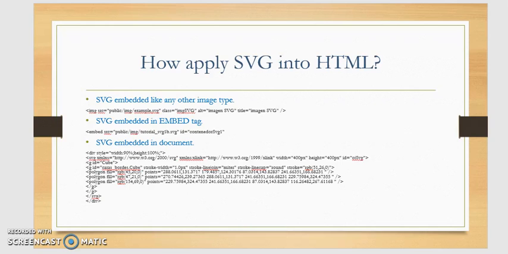However, if we insert an SVG document directly into the web page, we will no longer have trouble accessing the DOM of the SVG object, because the SVG document becomes part of the DOM of the page itself.